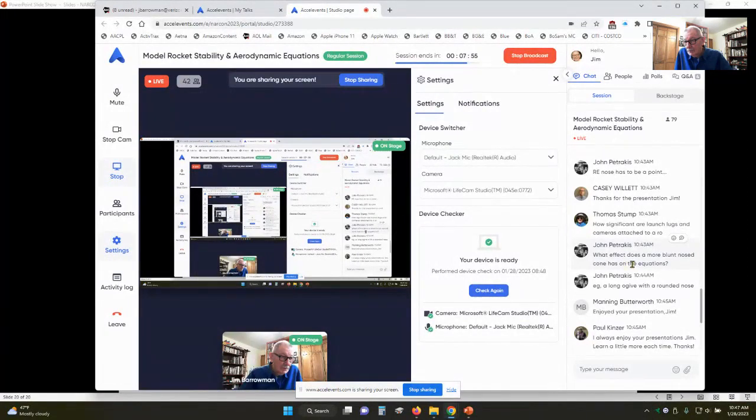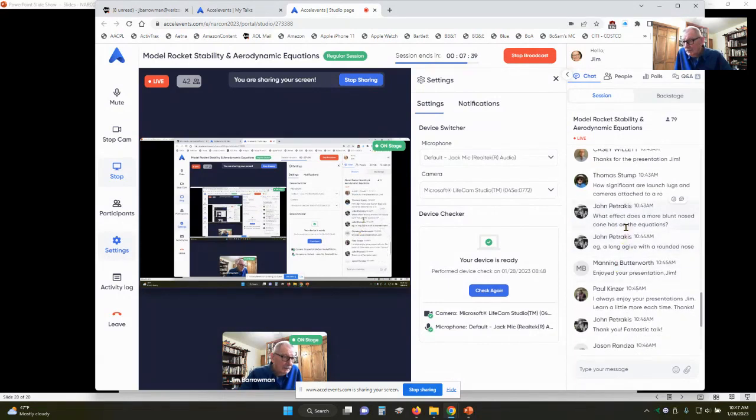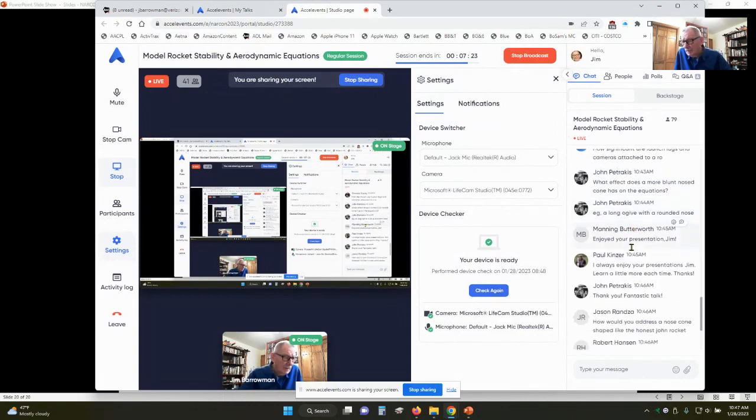The CP is probably, if you use that chart that I showed you earlier, at a 1/2 fineness ratio. But if it's a very small part of the nose cone, that is just rounded off at the tip, it's not a major one. Yeah, a long ogive with a rounded nose, not a problem. Not a problem at all.